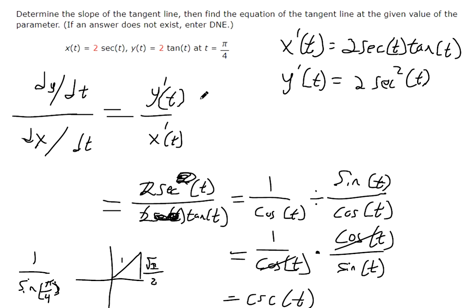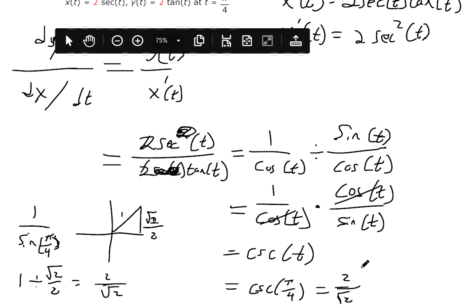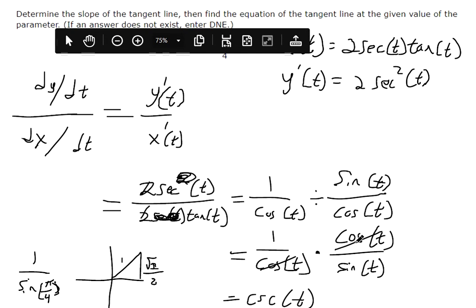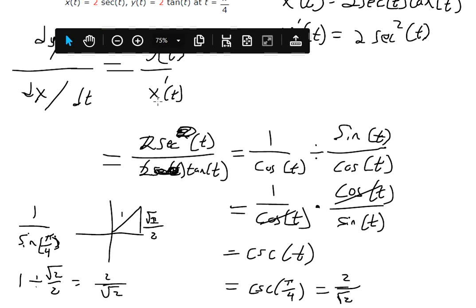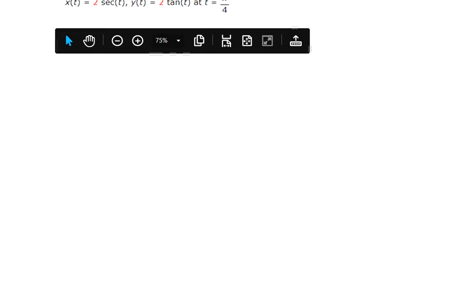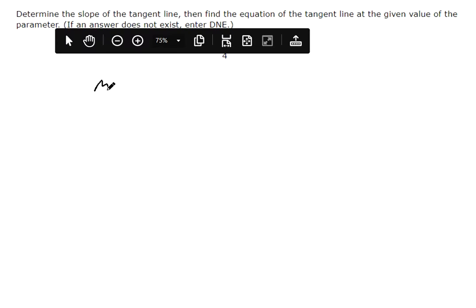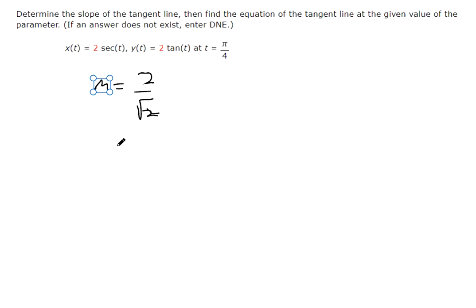So we got the slope here. And then to find the equation of the tangent line, my slope is 2 over the square root of 2. We want y equals mx plus b, right?